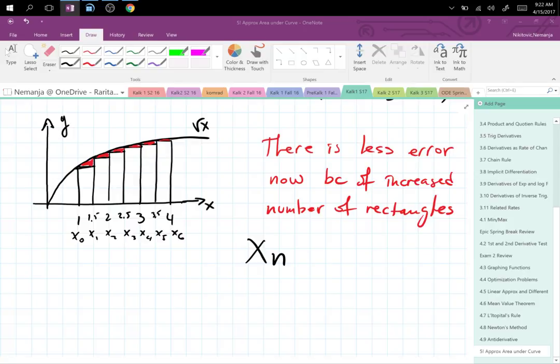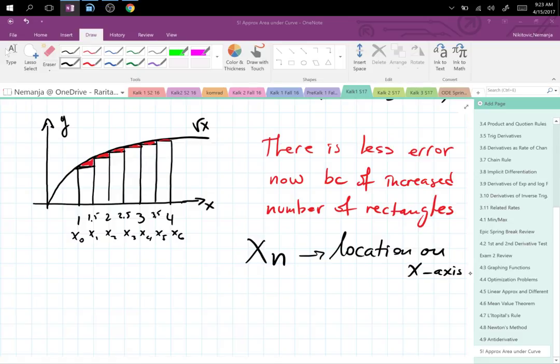And then depending on which value you pick, you will have one of these points to compute. So xn, think of it as location on the x-axis. Which point are you talking about, right? x3 is 2.5 in this case.